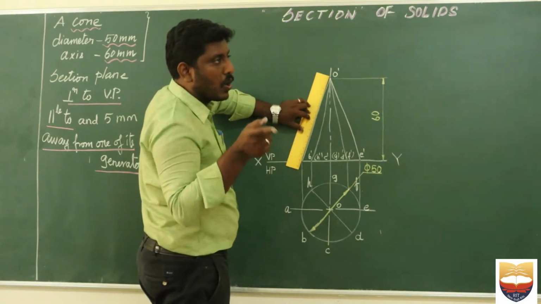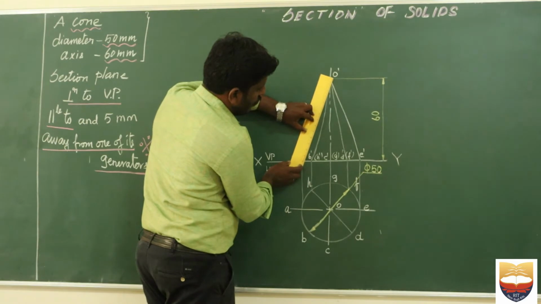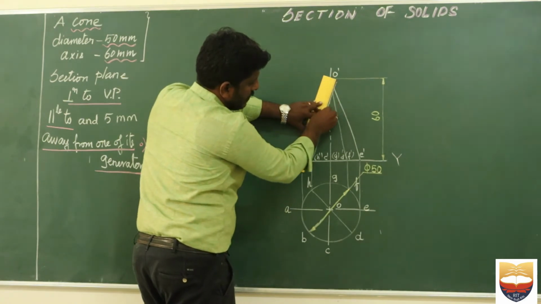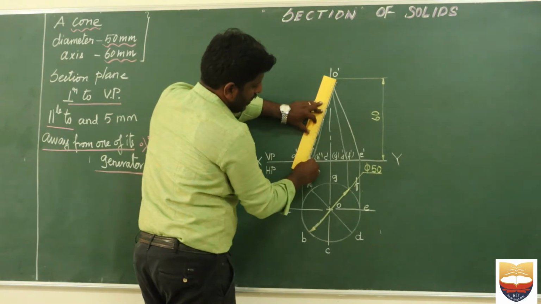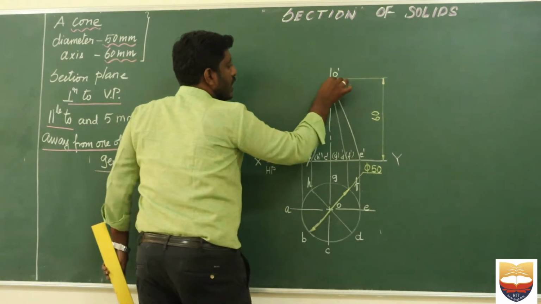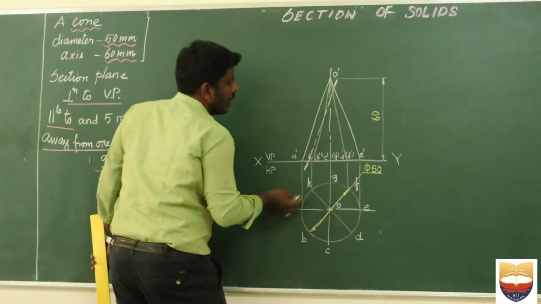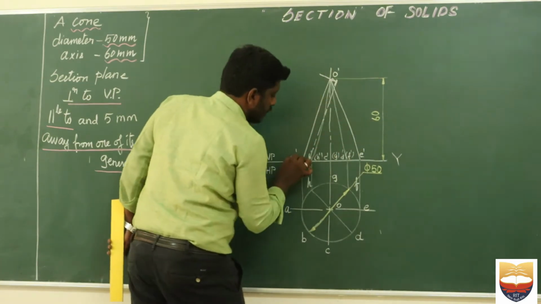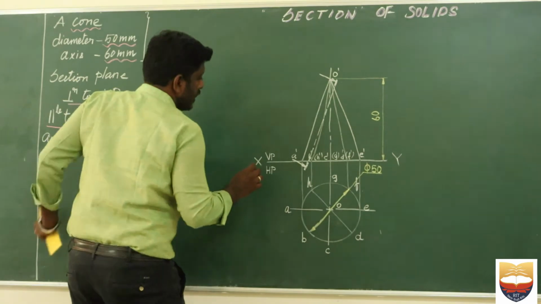You can use your roller scale which is available with you. See here, I simply move 5 mm. So if I move 5 mm, my cutting plane would be like this: long dash, short dash, long dash, short dash, and finally long dash. The last end of the cutting plane should be darker, and it should consist of a line with an arrowhead, which indicates that it is a section plane.